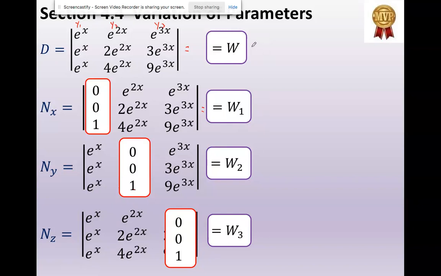So I did this and I got 2e to the 6x. This one was e to the 5x. So you might want to pause the video or on your own time, see if you can get these same answers.